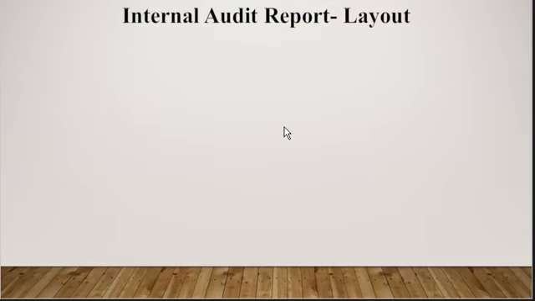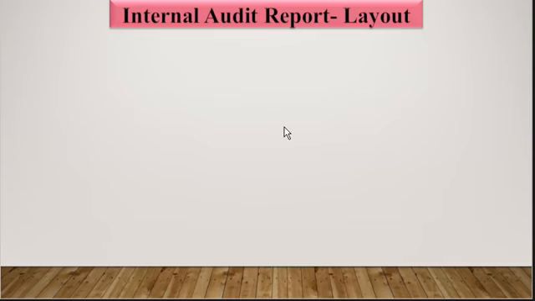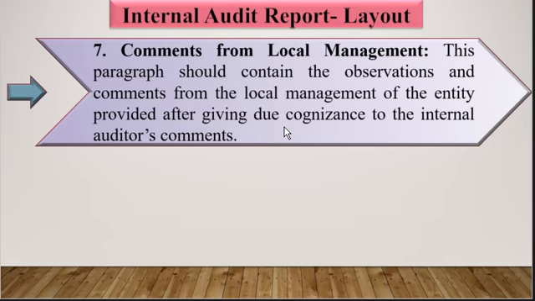Next element of internal audit report is comments from local management. The comments from local management paragraph should contain the observations and comments from the local management of the entity, provided after giving due consideration to the internal auditor's comments.